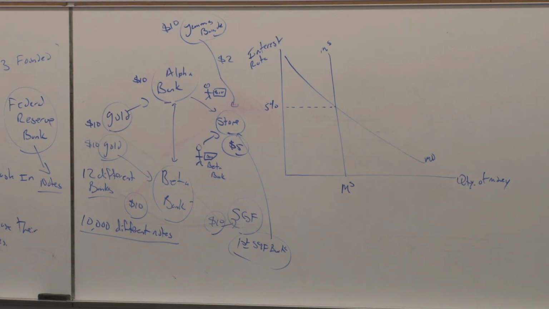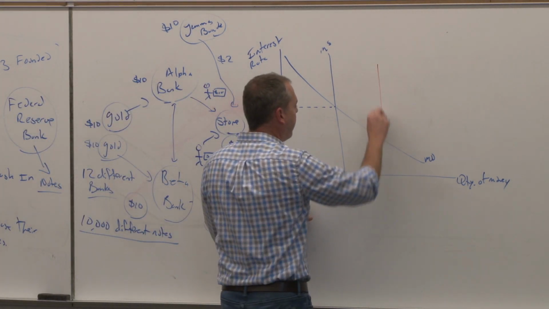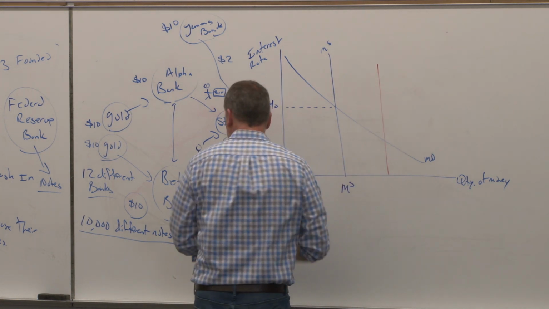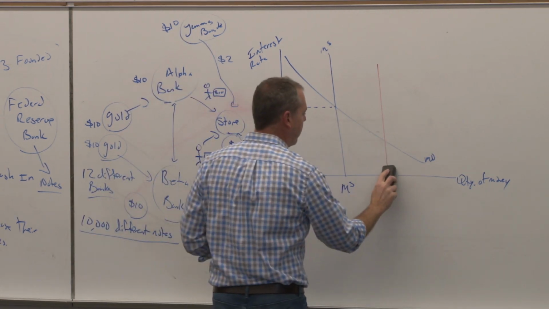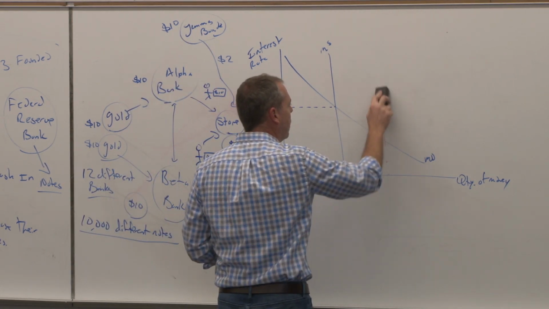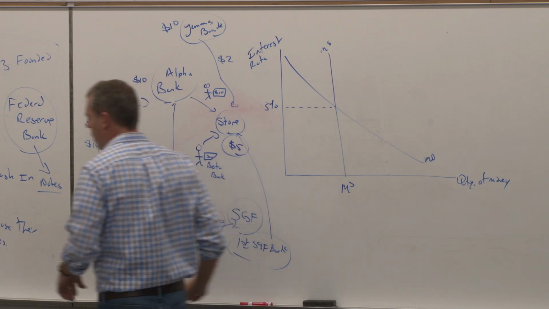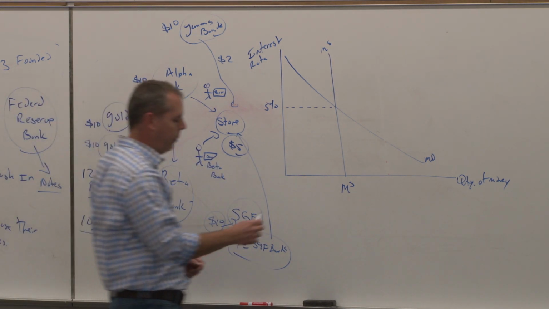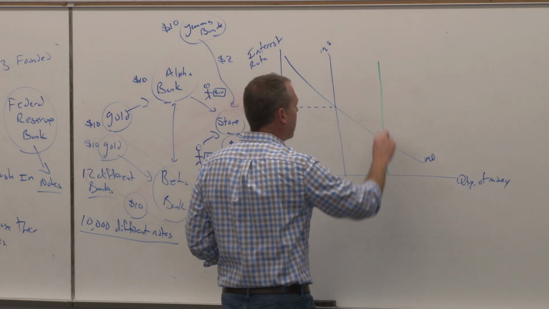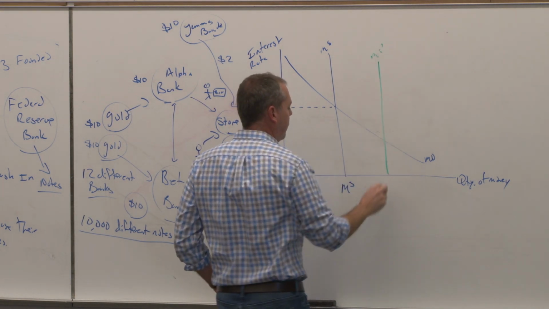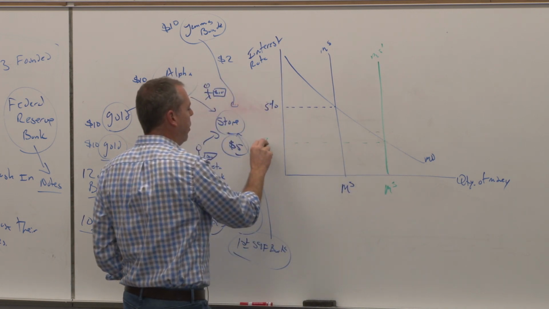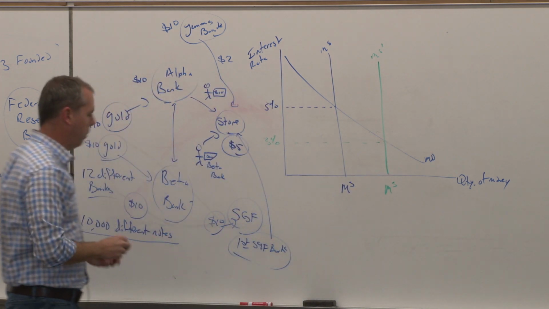If they increase the money supply, well, let's have that be an increase. Let's do it in green. If we have this increase in the money supply, we'll have some interest rate here of, say, 3%, right?